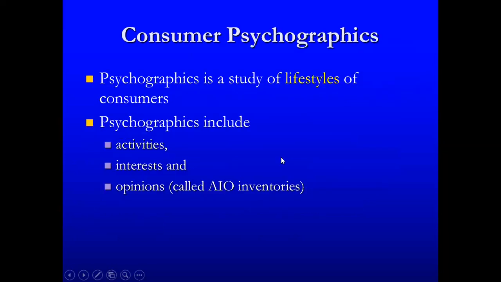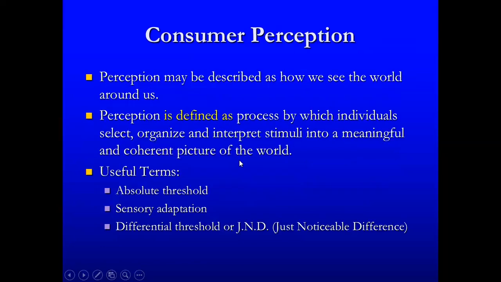Then consumer psychographics. Psychographics is a study of lifestyle of consumers. It includes activities, interests, and opinions, the so-called AIO inventories. Then consumer perception. Perception may be described as how we see the world around us.